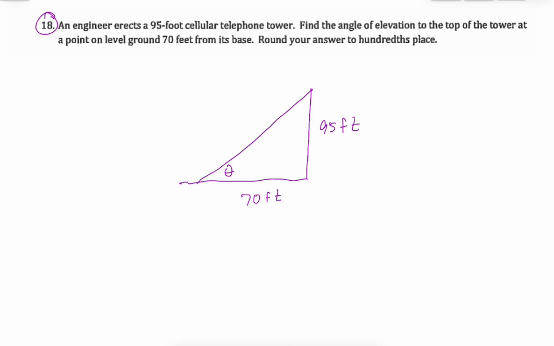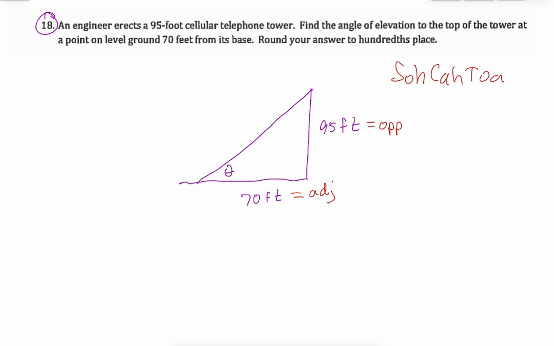So if we set that up, if you're doing a SOHCAHTOA type problem, you should label the sides you're given, maybe label what you need to find, all that good stuff. So this is opposite our angle. We can see that because it's just across from it. Attached to it, but not the hypotenuse, is our adjacent side.